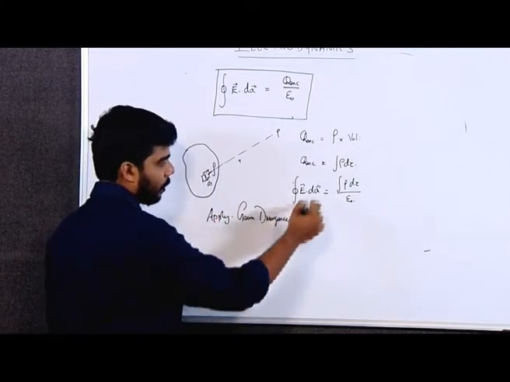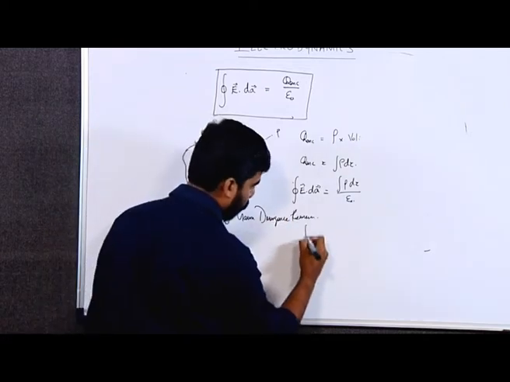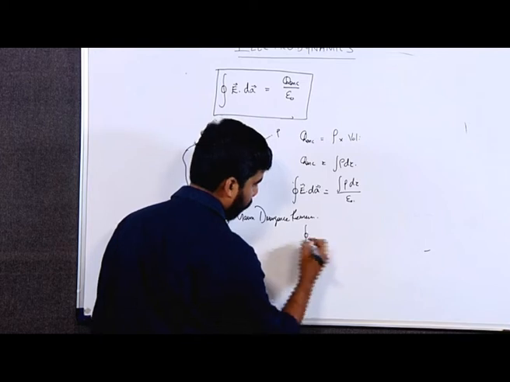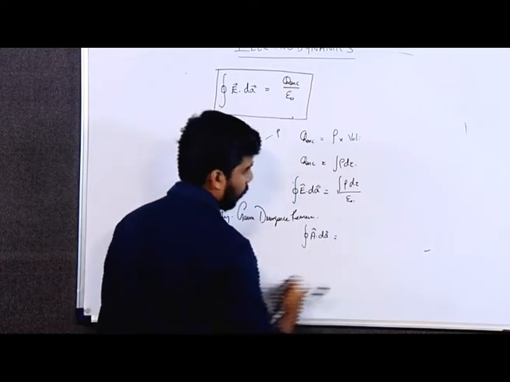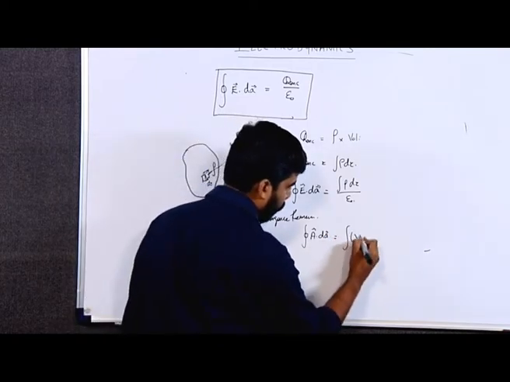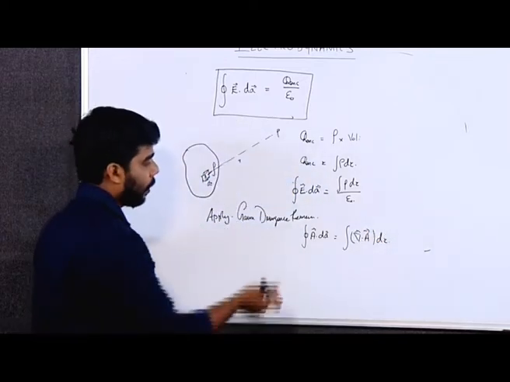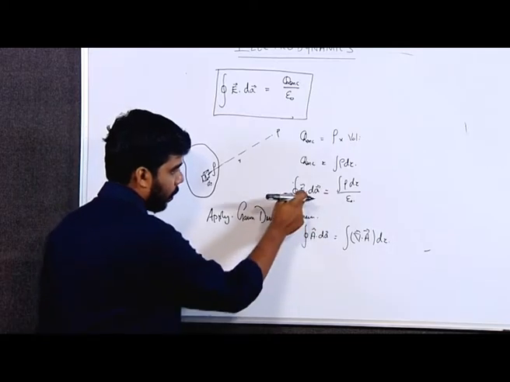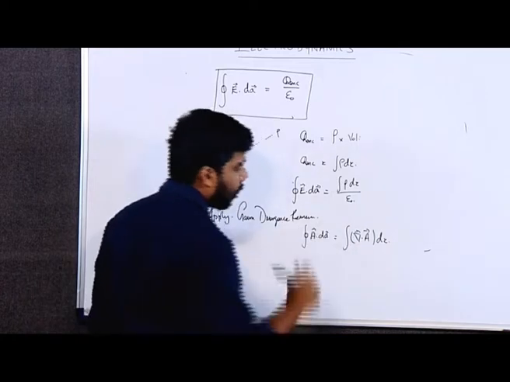Do you remember what the Gauss's divergence theorem says? The closed surface integral of A dot dA, if A is any vector, can be written as the divergence of A integrated through that volume d tau. So I can rewrite this closed integral E dot dA in terms of its divergence.